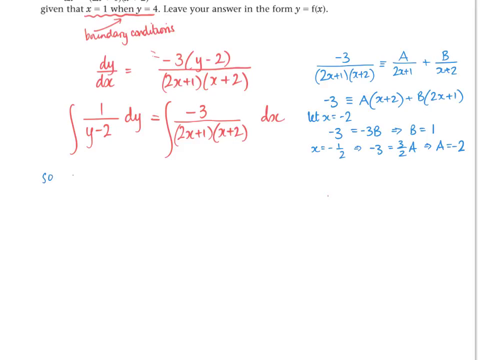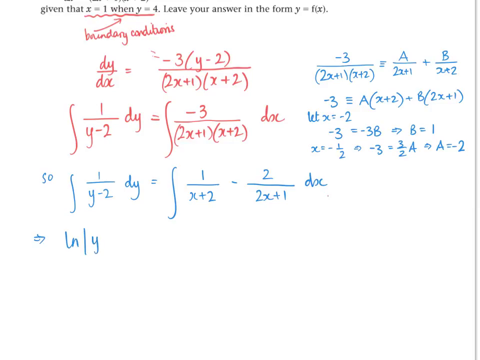So we get the integral of 1 over y minus 2 with respect to y is the same as, and I'm going to change the order of these as well, 1 over x plus 2 and minus 2 over 2x plus 1 dx. Right, this is where an integration comes in.